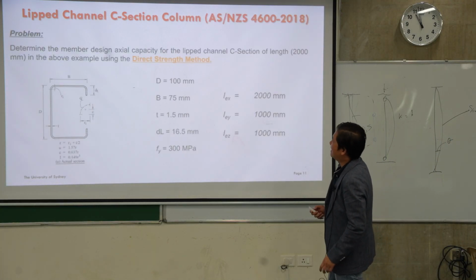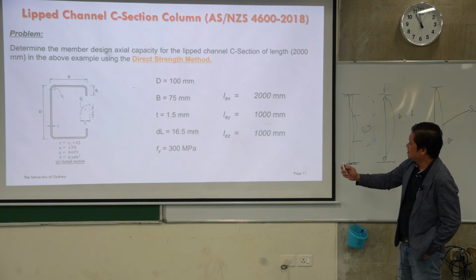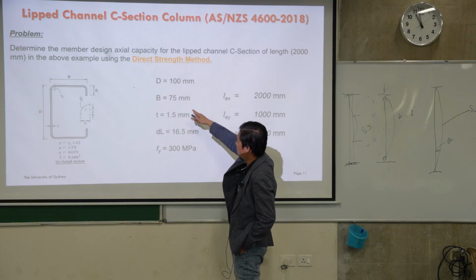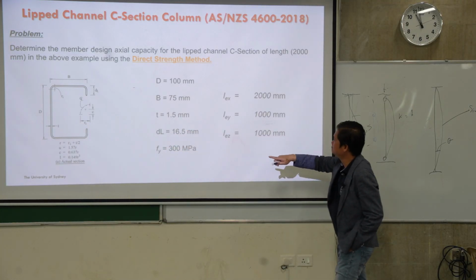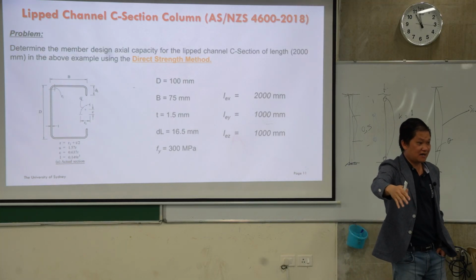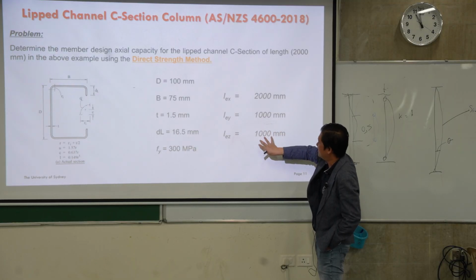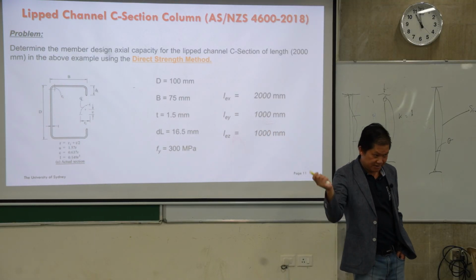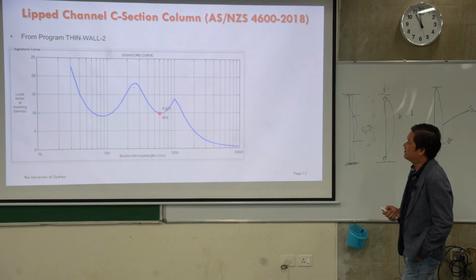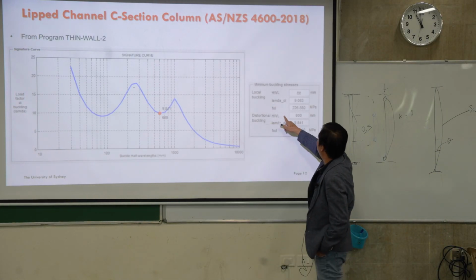So now we come back to our design. We're going to design the column with those dimensions and the effective lengths that we just calculated: Lex is 2000, and Ley and Lez are 1000. That's what we got from the last couple of slides. Now from Thin-Wall 2, you run it and you get two minimum points.